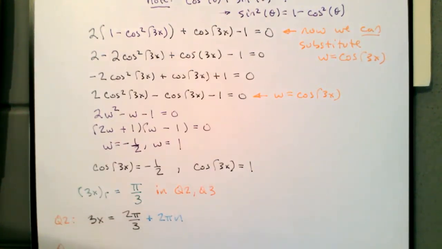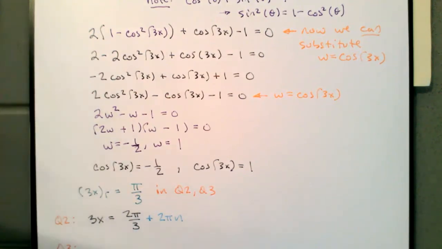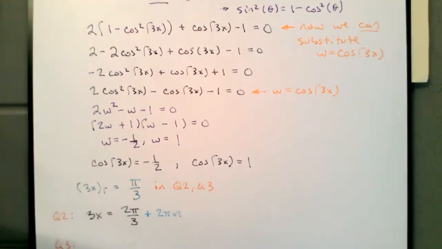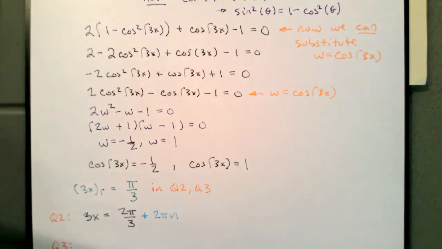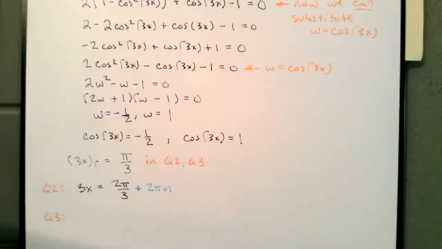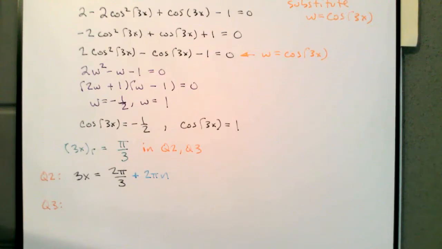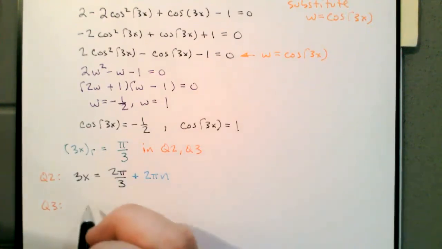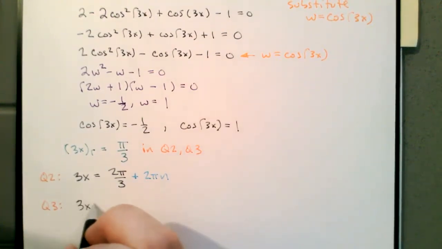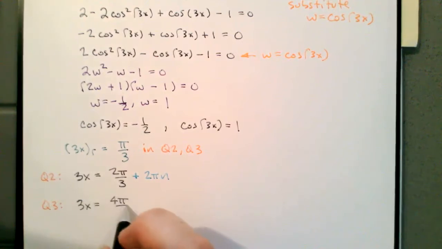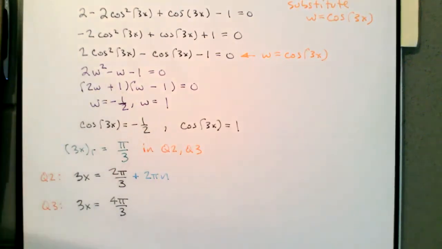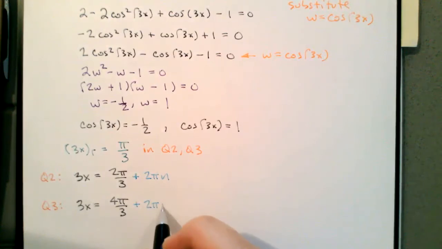Then I need to write our solutions for 3x in quadrant 3. So pi over 3 in the third quadrant will be 4 pi over 3. And then we'll add integer multiples of the period.